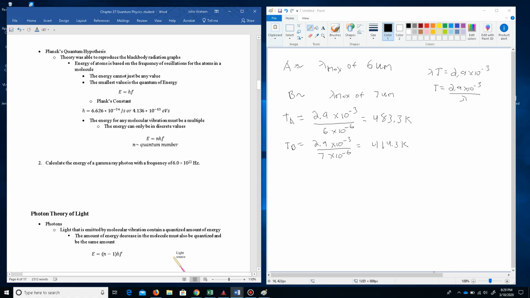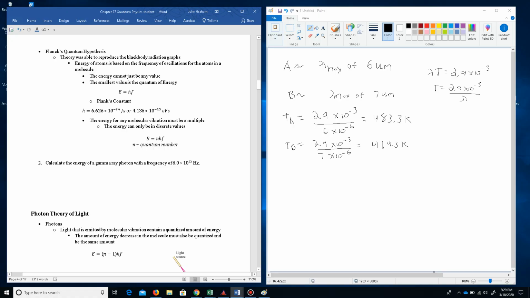And so this is basically his quantum of energy. This is for a specific frequency. And then since we're dealing with atoms, any energy from this has to be some multiple of this basic energy.